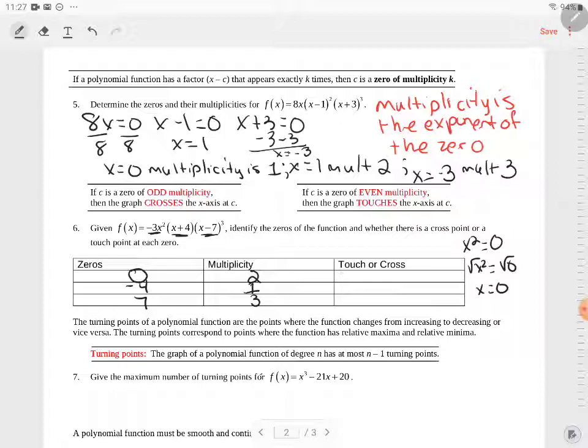Okay, so 2 is even, so it touches. Again, we're referring right to the multiplicity. The multiplicity determines touch or cross. 1 is odd, so it's a cross. And 3 is odd, so it's also a cross.